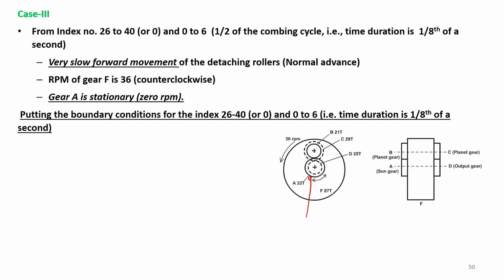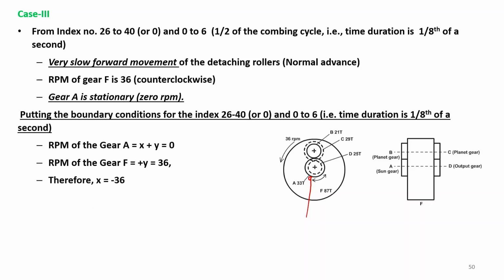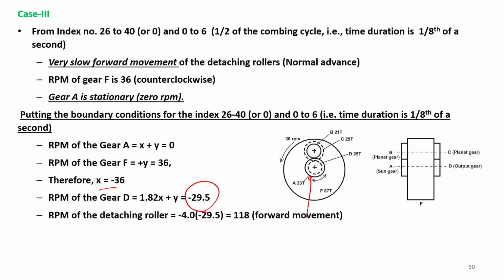So, x plus y will be 0, and putting the boundary condition from 26 to 40, again from 0 to 6, x plus y will be 0 and y is 36. So, x will be minus 36, and using these x and y values we can calculate the speed of D. So, speed of D becomes minus 29.5 RPM, and it is for 1/8th of a second.